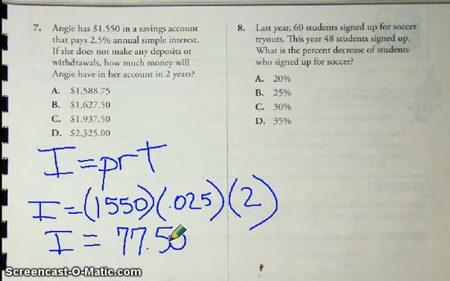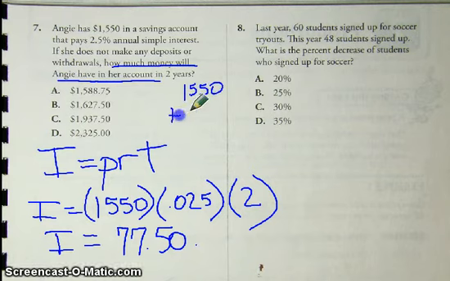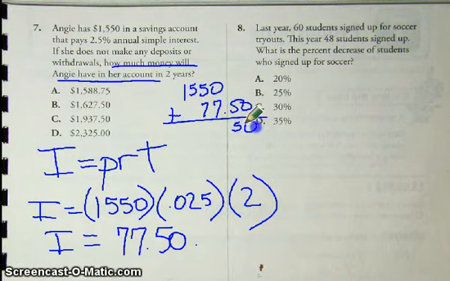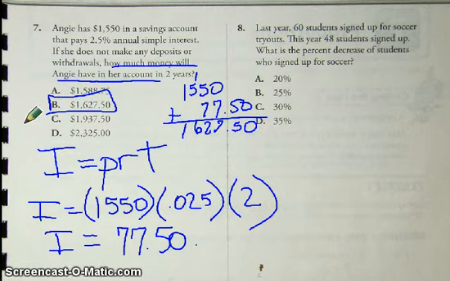Now that's not an answer choice there because it wants to know how much money will Angie have in her account. So I have to take the amount of interest and add it to the principal. So the principal was $1,550. I add the $77.50 to that. That's 7, 2, 6. That's a 6 and 1. And I see B is the correct answer choice for that one.